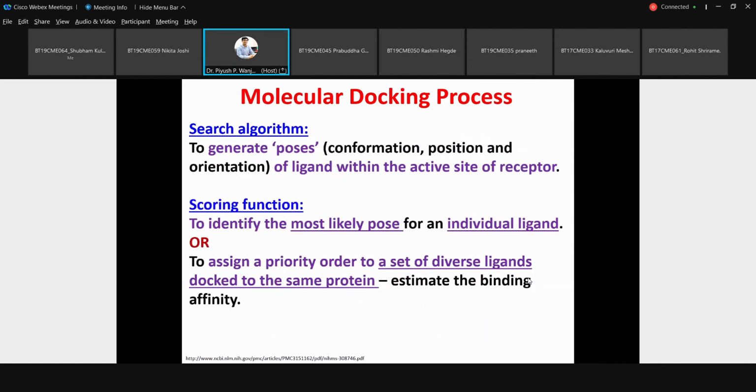So the first thing is the search algorithm, which is going to identify the poses. This we are not going to deal with much. This is a lot of intensive computational stuff. Maybe if next year I take a new course, we'll see these complicated simulation things like Monte Carlo simulations, molecular dynamics simulations. All these different things come into picture.